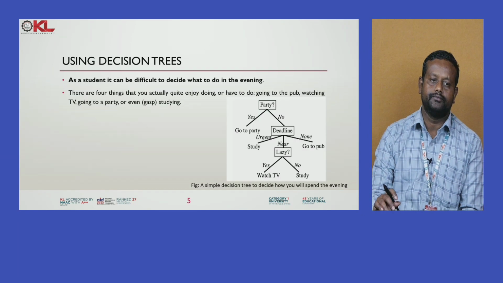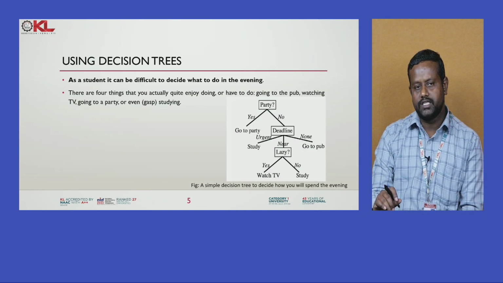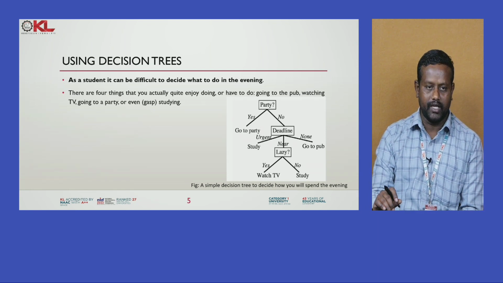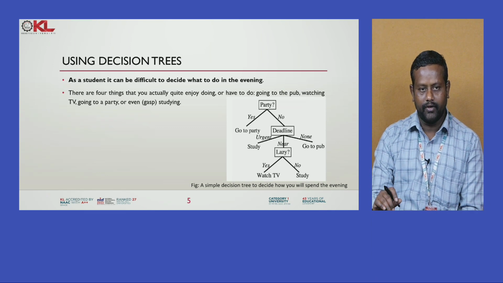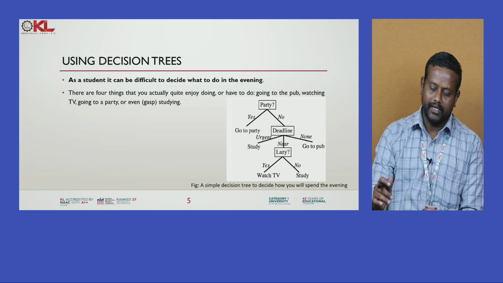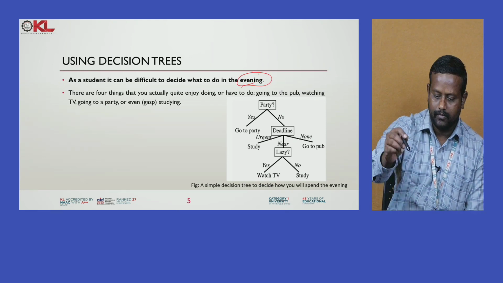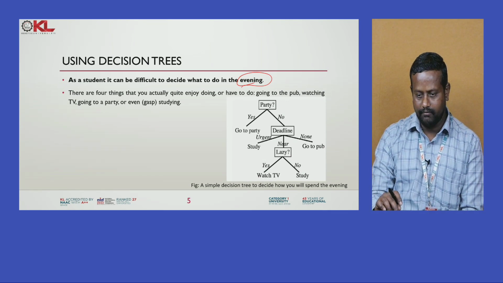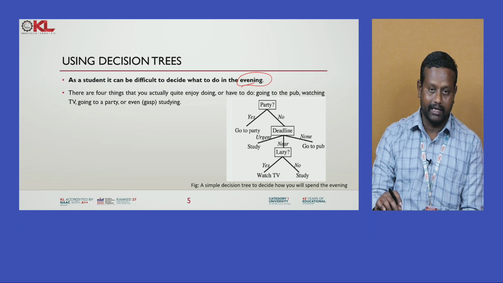Using decision trees, we can solve n number of problems, especially classification problems. See, for an example, a student can find it difficult to decide what to do in the evening time. You know the student mentality, how it works, what it thinks like.